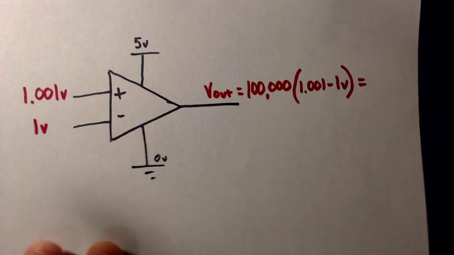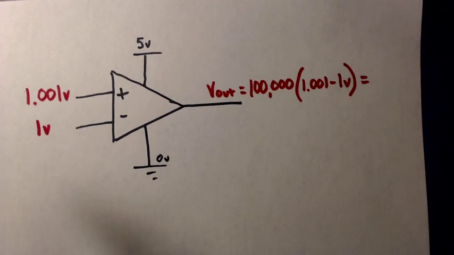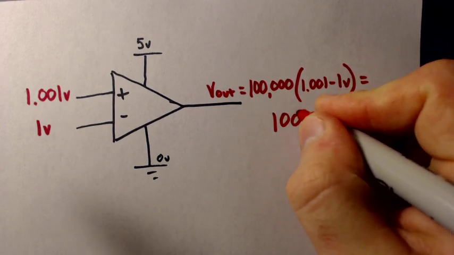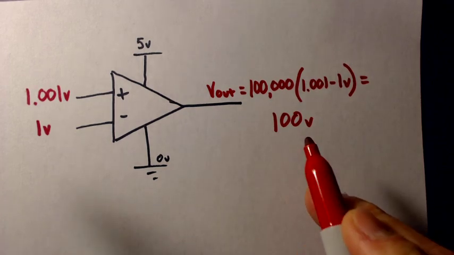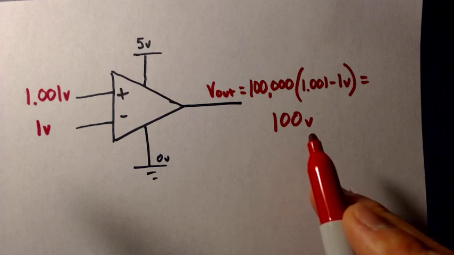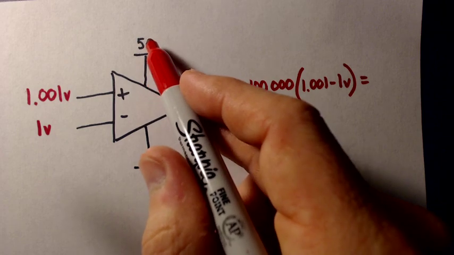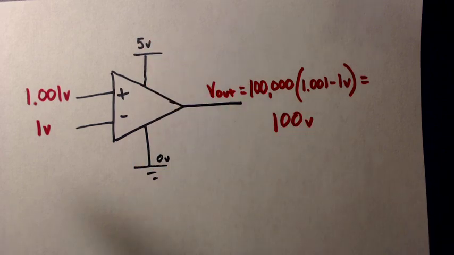A tiny voltage, because the difference between these two is very small. I'll multiply that by our incredibly large gain, so times 100,000 gives us 100 volts. That's what our output should be. 100 volts seems really high, and my device is only being powered by 5 volts and 0 volts.